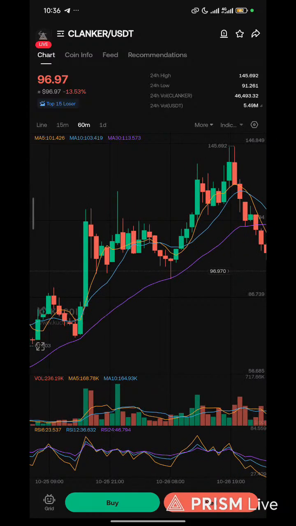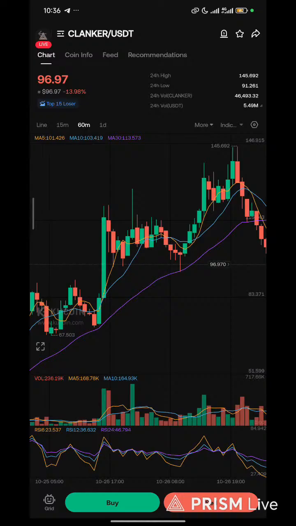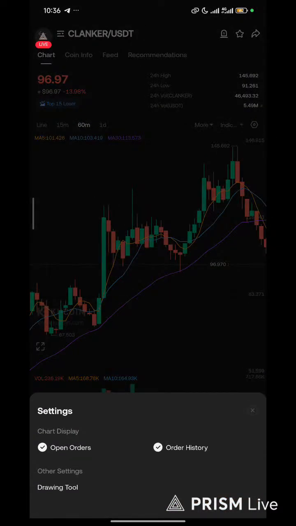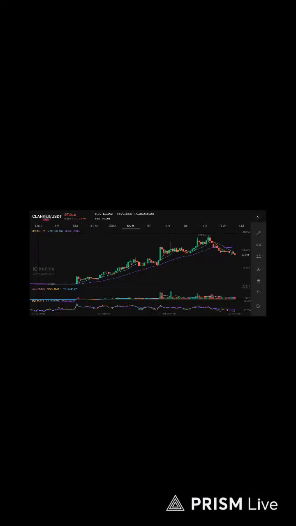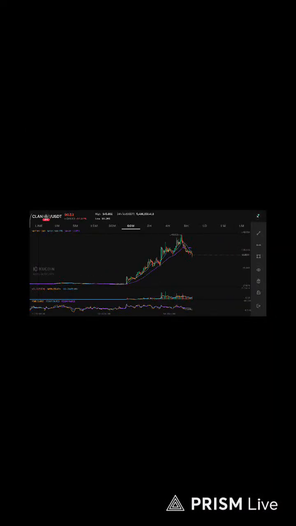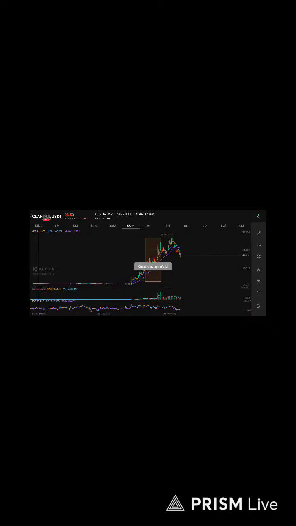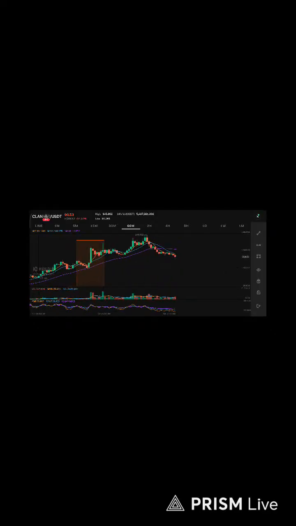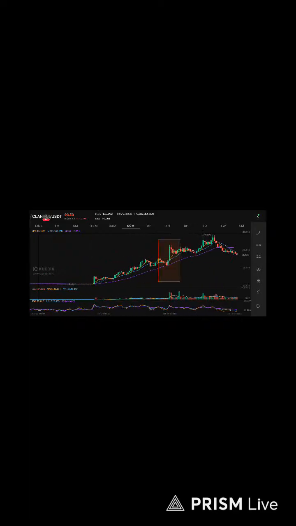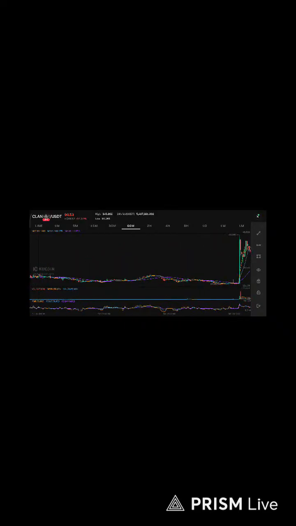Just imagine this clanker. If you see the candlesticks here, the profit the person will make from this one that I've just circled, you can never compare it to the profit somebody is making from here.